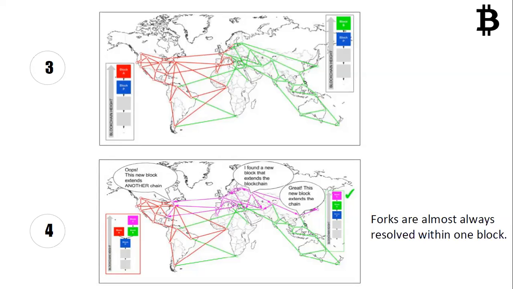There is a node somewhere in Russia which solved the puzzle. And because this Russian node has the green block as its recent block, it will add the purple block which it created to the green block, and start propagating it.